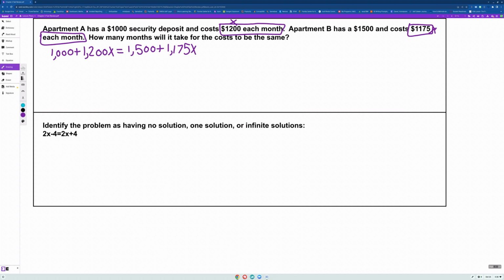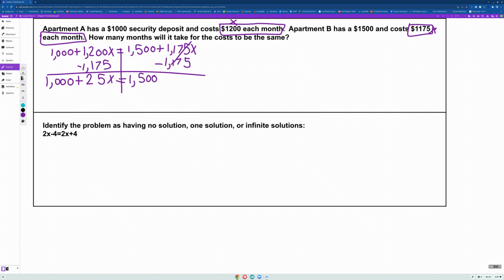So my goal is to get my x's on one side and my other numbers on the other. So what I'm going to do is look at my x's and ask myself which one is smaller. So 1,175 is smaller, which means that I want to do the opposite of that. So I'm going to subtract 1,175 on both sides. Once I do that, I'm going to get 25x is equal to, these are going to cancel, 1,500.